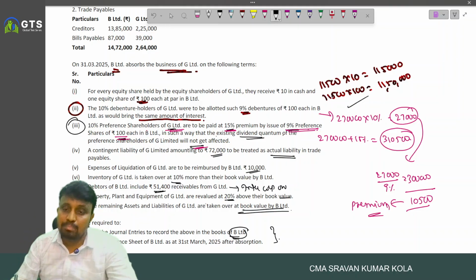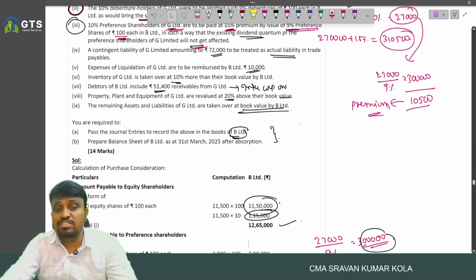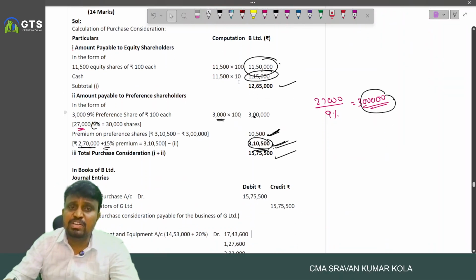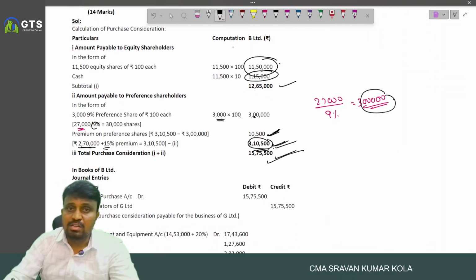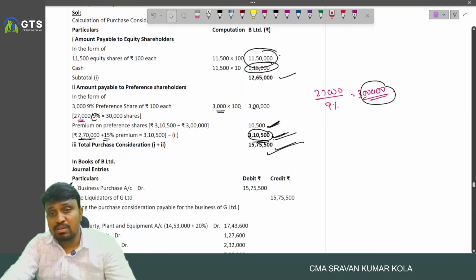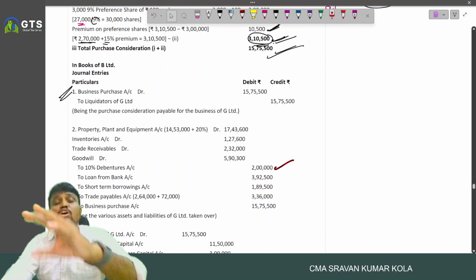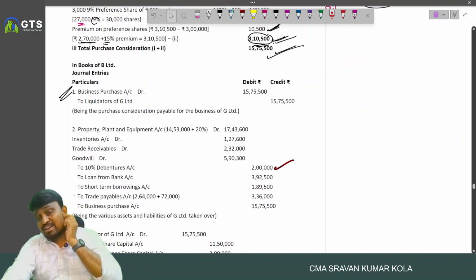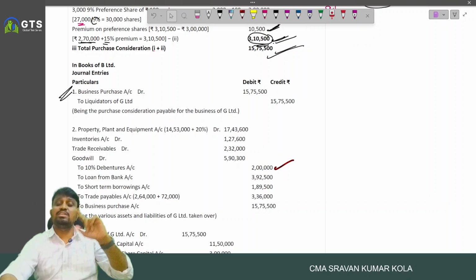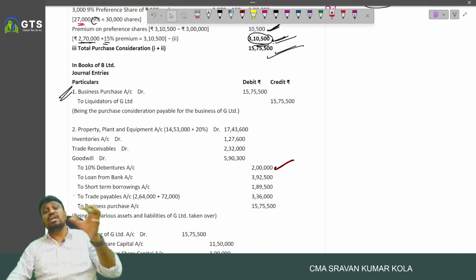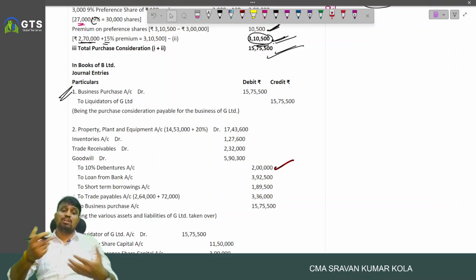So transferee company. In the books of transferee company, first we compute what is the PC. First entry, business purchase account debited to liquidator of G Limited. Second entry is incorporation of assets and liabilities. And remember, while incorporating, all assets and liabilities, including any unrecorded assets we identified, are also required to be considered.